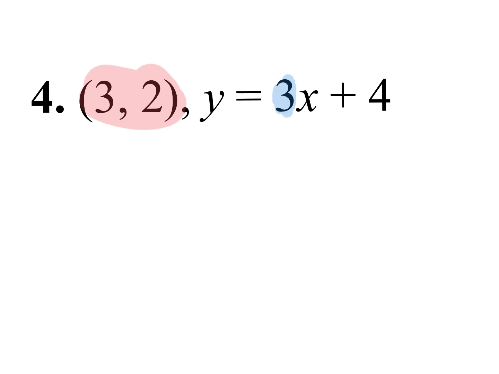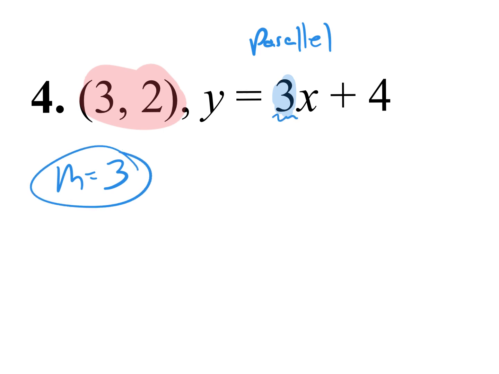That means your equation has a slope of 3. You don't have this worksheet yet, we're going to work on it tomorrow, but if they tell you it's parallel, you just pull out this m, and that's all you need from that given information.